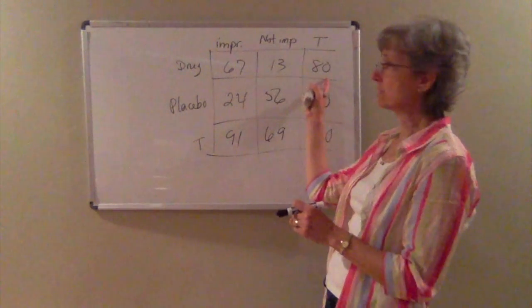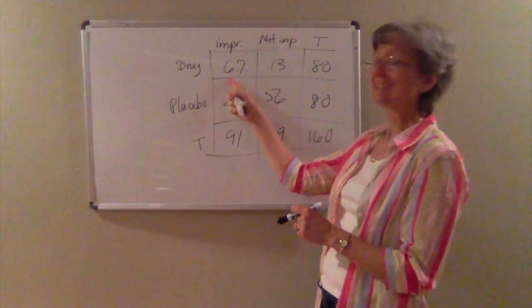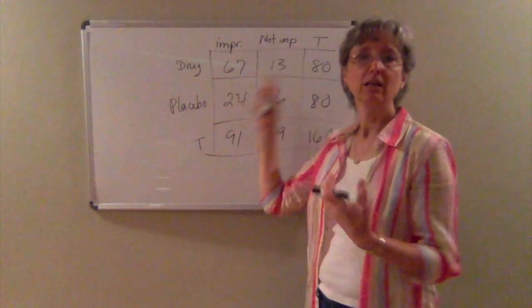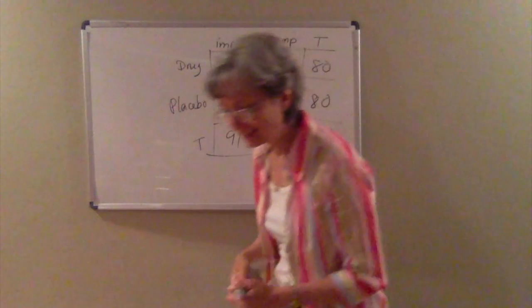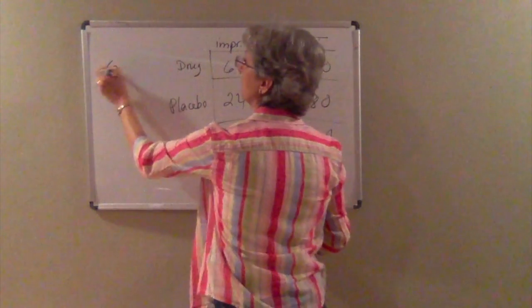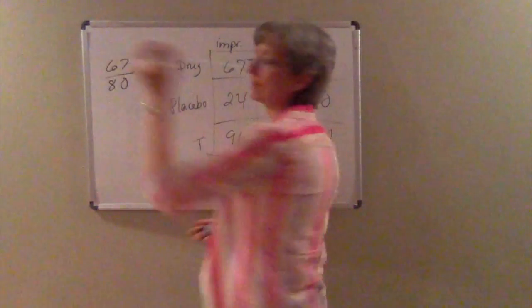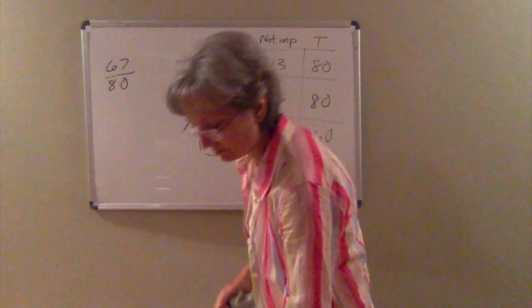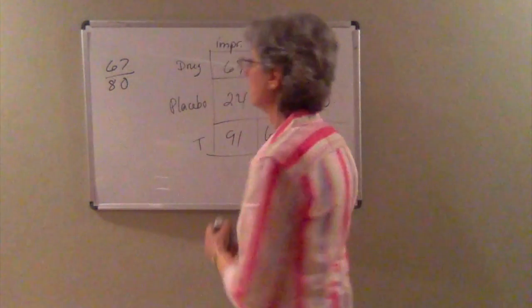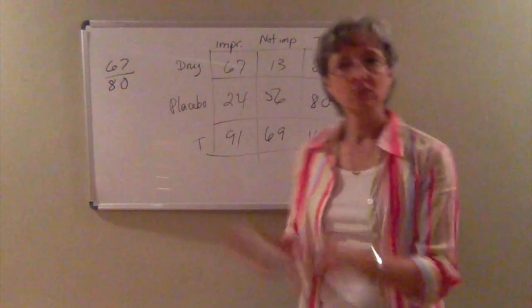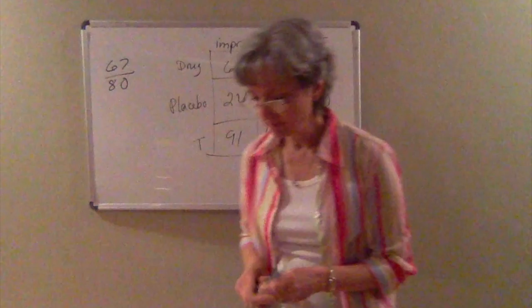So of those given the drug, 67 out of the 80 noticed improvements. That is the probability, 67 over 80. And what percentage is that? That's about 83.75%. Okay? So that's how you could look at that.